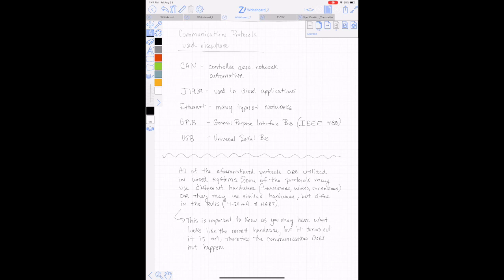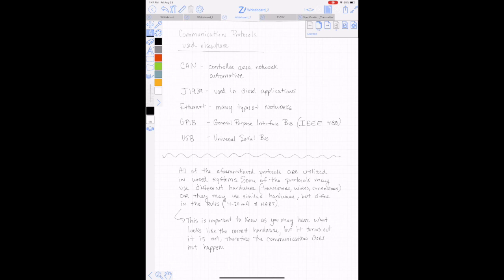Some other communication protocols that we might not find in industry, but we might find in other instrumentation uses, include CAN, or Controller Area Network. This is the industry standard in automotive systems. J1939 is used in diesel applications. Ethernet is used in many types of applications and networks.